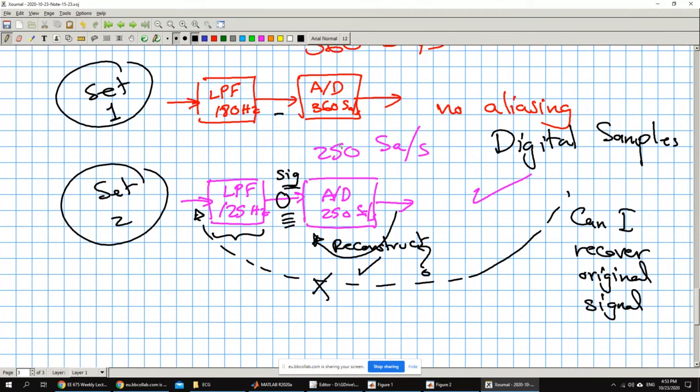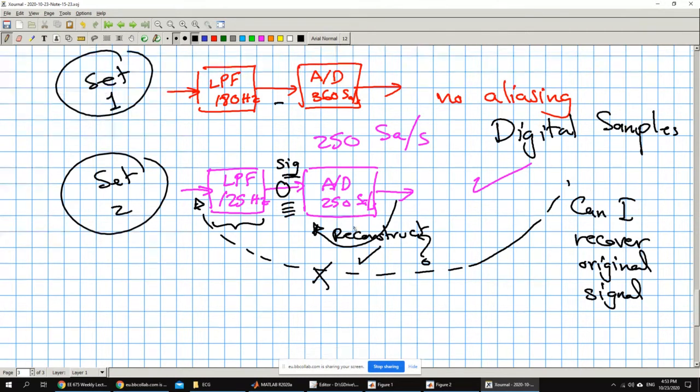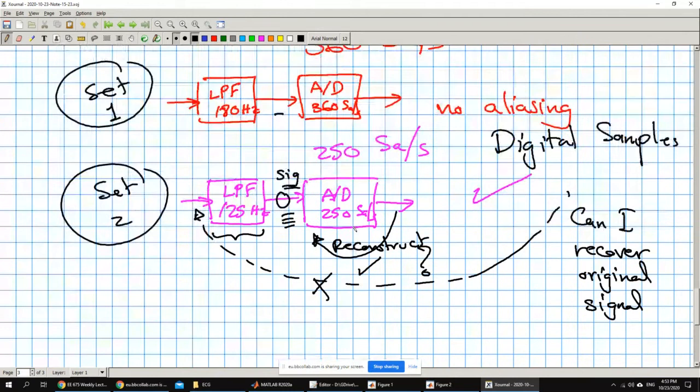So basically, what I'm telling you is we're going to take the samples that were obtained here, additional samples, and basically reconstruct this one and this one, okay?